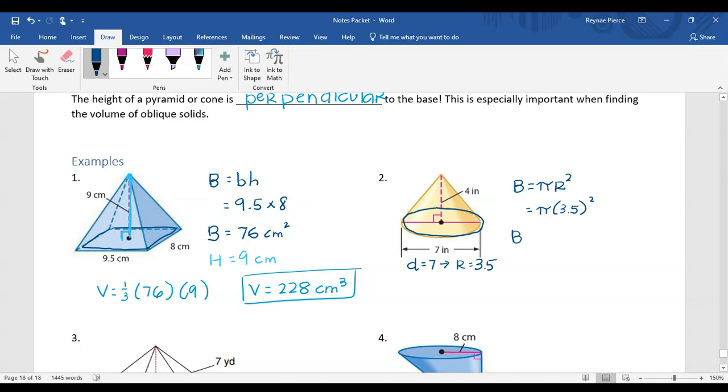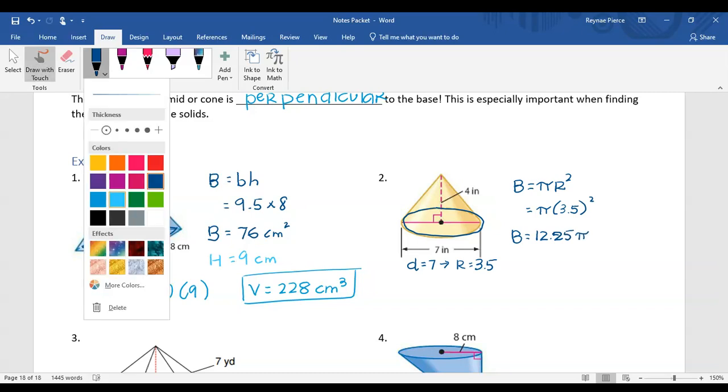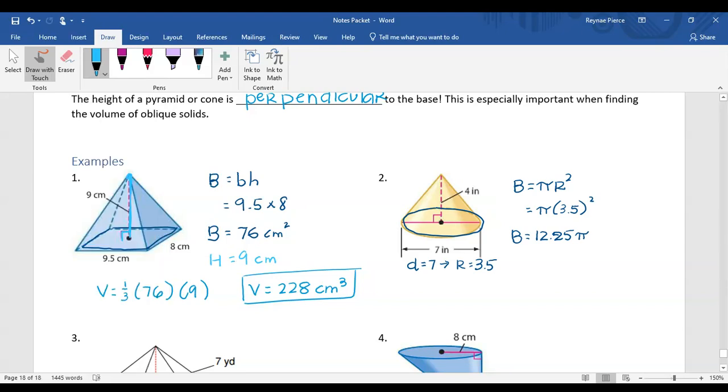The area of this base is 12.25 pi. The height, again, vertex to base, has to be perpendicular, is 4.